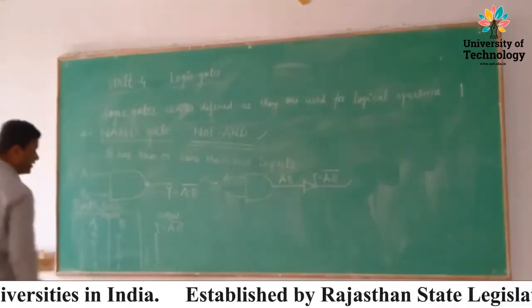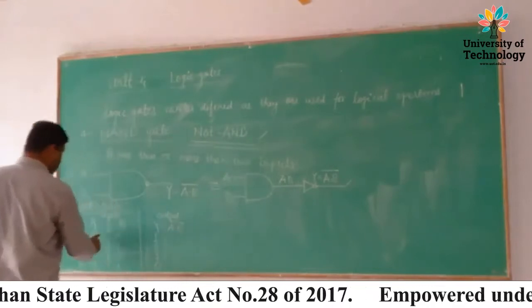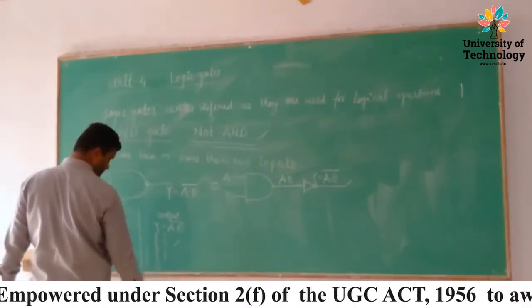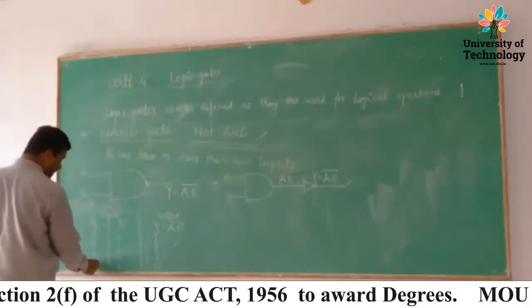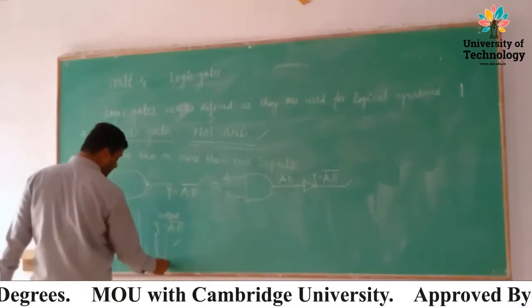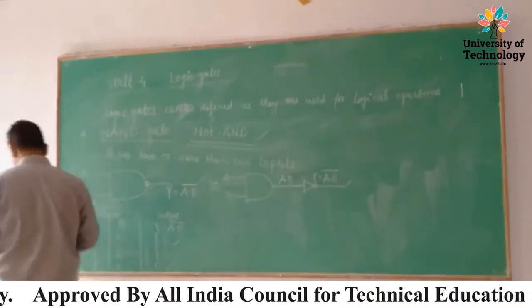From here we can conclude that on these inputs we will obtain high values, but only in the case when A is 1, B is 1, we are getting low value, that is 0.